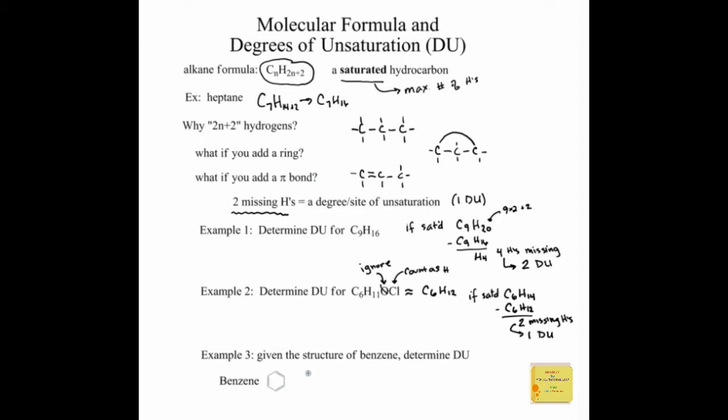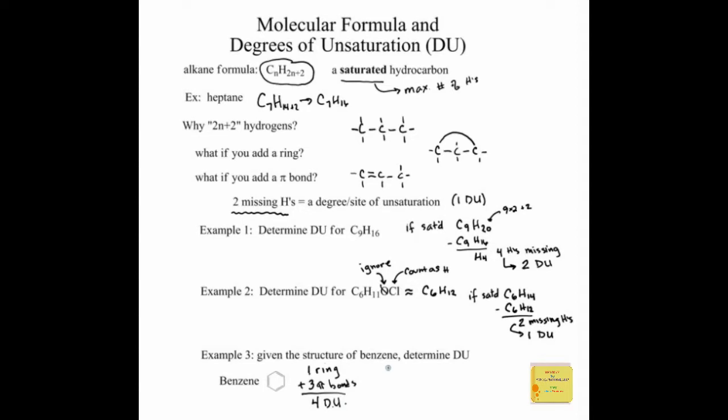So what does benzene have? It has 1 ring plus 1, 2, 3 pi bonds. So it must have 4 DU. So determining degrees of unsaturation given a structure is very simple. We just count up the rings and the pi bonds.